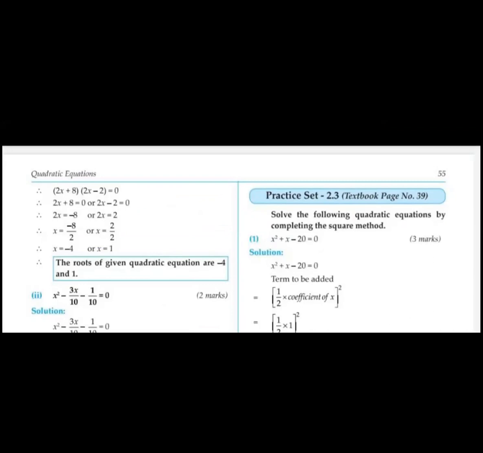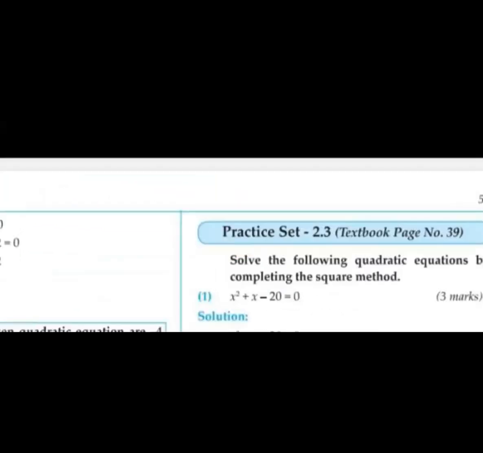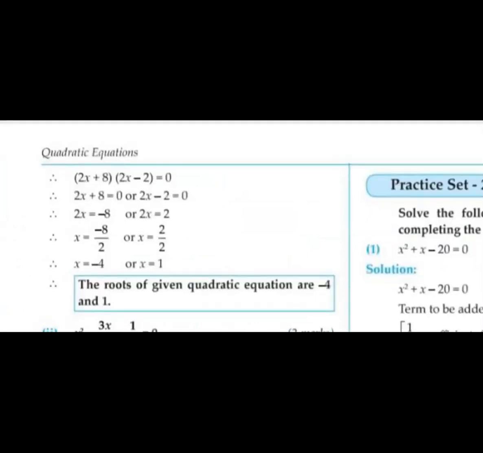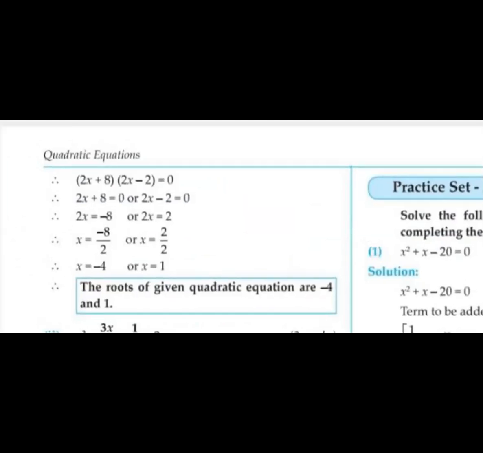Check it. 5 plus 3 here is 8 and 5 minus 3 equals to 2. So 2x plus 8, I zoom this paper. 2x plus 8 into 2x minus 2 equals to 0. The first 2x plus 8 equals to 0, and 2x minus 2 equals to 0.